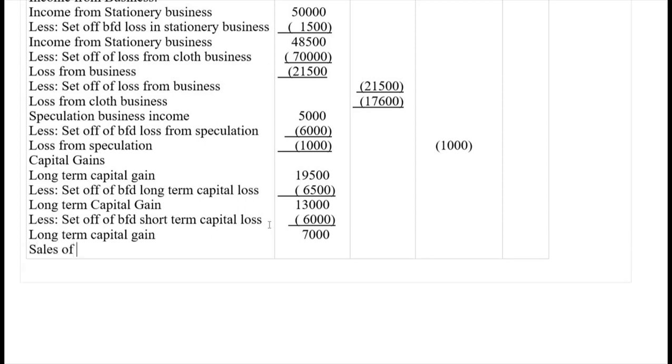Then sale of shares, that is given as rupees 1 lakh. So rupees 1 lakh less cost rupees 96,000.